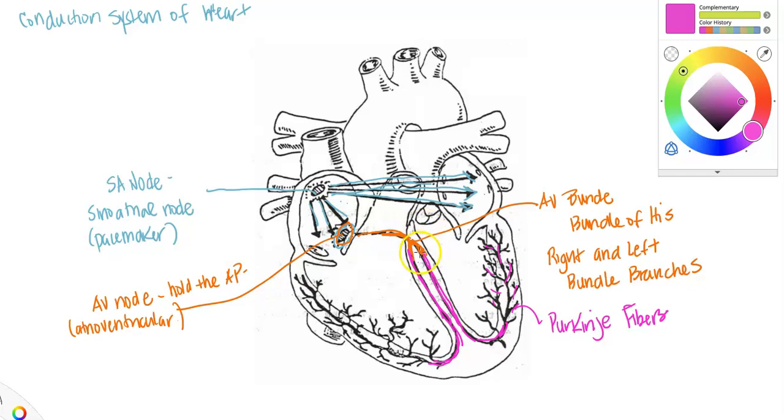Okay, so when the contraction occurs, the electrical part of it is running in that direction. So it's going this way to the tip and then up the sides. Sorry, this looks confusing.